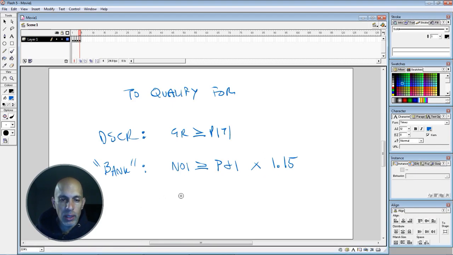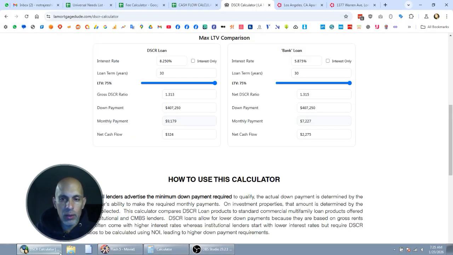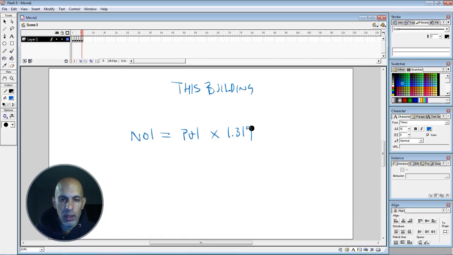For this particular building, NOI is equal to P&I times 1.315, sorry, 315.